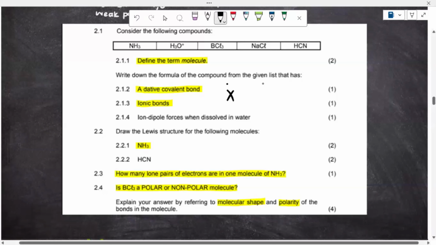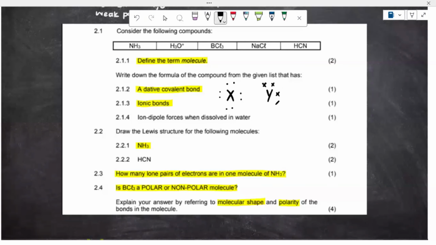Typically with your noble gases, because they already have a full outer orbital, sometimes they will react with other things to help them fill their orbitals. So let's say compound X has a full 8 electrons in the outer orbital, and compound Y only has 6, so they only need 2 more.